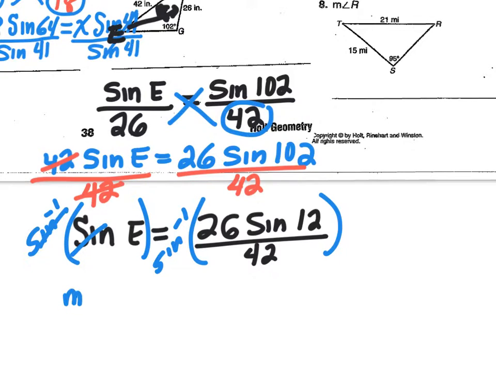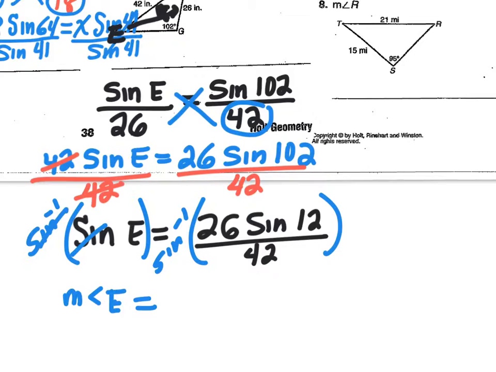So the measurement of angle E equals, now go ahead and put that in the calculator. You're going to put arc sine, second sine, and it gives you parentheses right away. And then you're going to put 26 sine of 12, close parentheses, and then divided by 42, and then close parentheses.